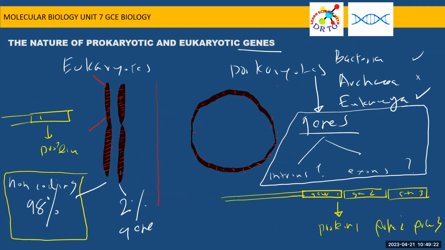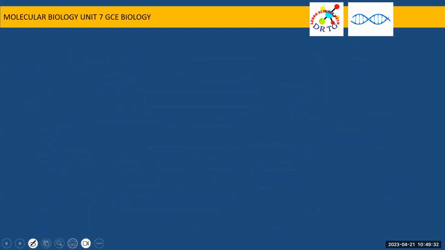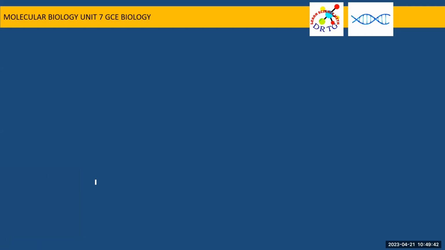Okay, next, we are coming to the concept of prokaryotic gene expression. Now, in prokaryotes, gene expression happens like this. This is one gene, and this is another gene, and this is another gene.